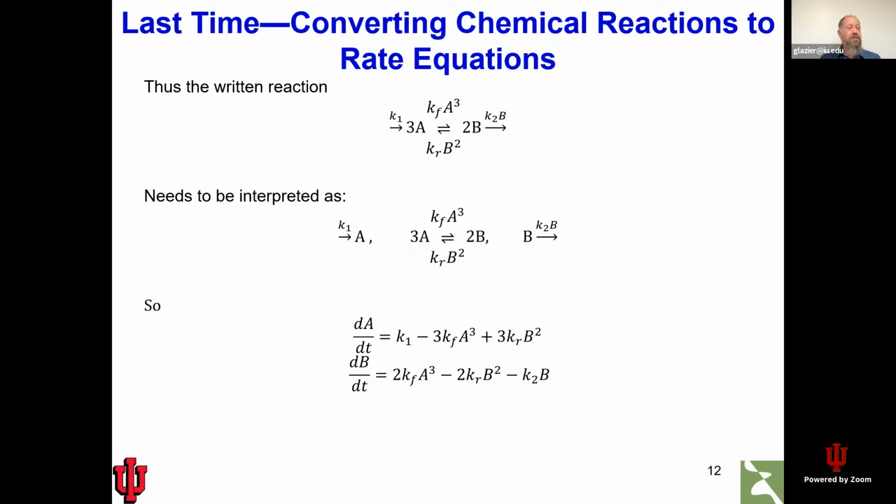But suppose I go forward and backward: I create 2 molecules of B and then I destroy 2 molecules of B. My number of A shouldn't change. And so if I want to be able to go back and forth and keep my mass conserved, I have to do it that way.